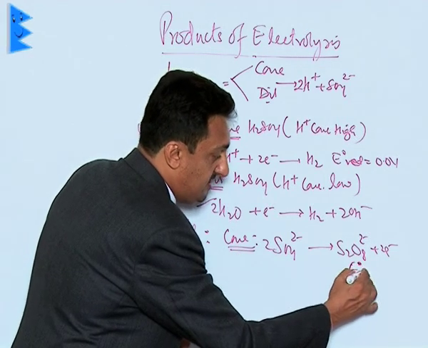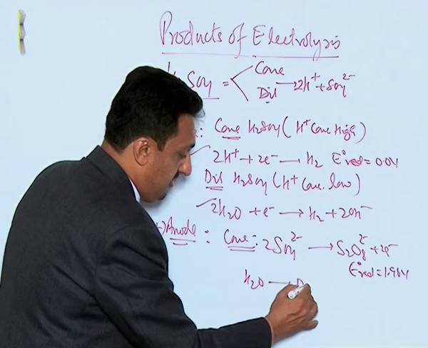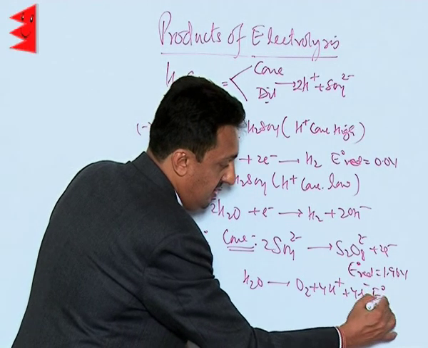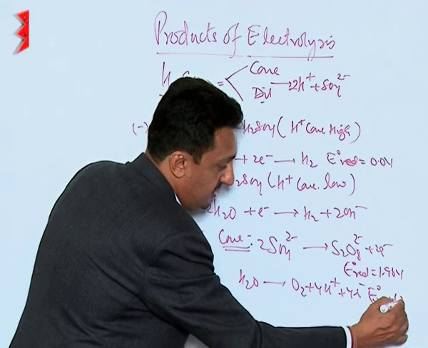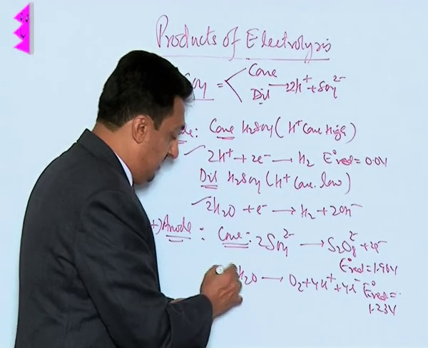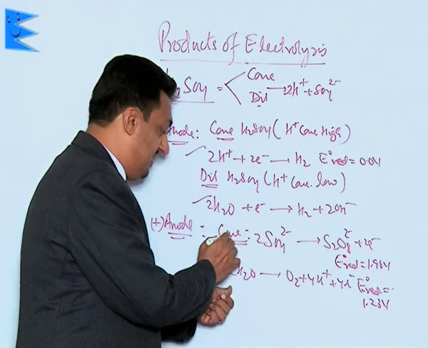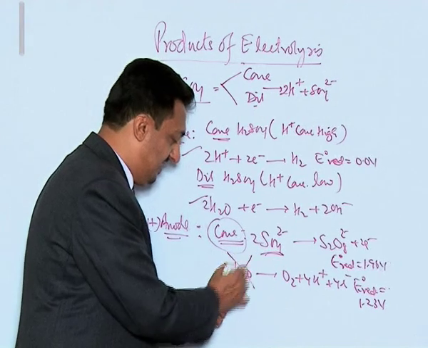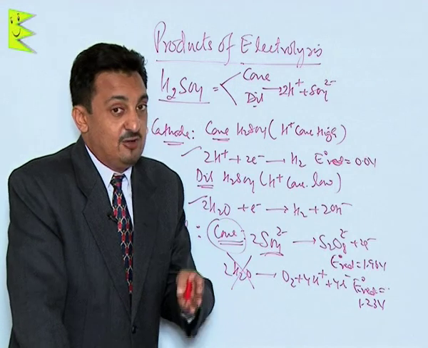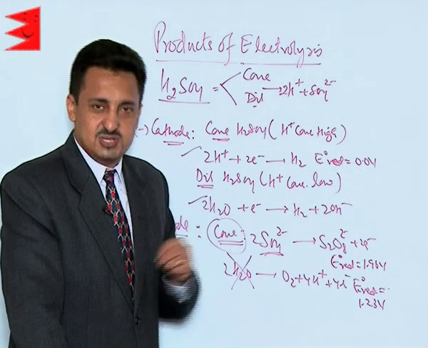Though its E naught reduction is 1.96 volt, and if we compare it with water, which is forming O2 plus 4H plus plus 4 electrons with the E naught reduction of 1.23 volts, we can make out that, okay, fine, this is the species which has the lower E naught reduction, so it must get oxidized. But no, since it is concentrated, there are a lot of sulfate ions, this reaction doesn't take place. We get peroxydisulfate ion, which on adding water forms hydrogen peroxide. The same reaction which you have done in class 11 in the preparation of hydrogen peroxide.